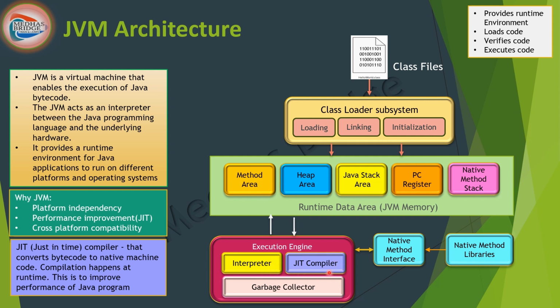We have one more concept called the JIT compiler. JIT means just in time compiler, which converts bytecode to native machine code. This happens at runtime. It is used for improving the performance of Java code when there are time critical sections, right? For instance, using JIT you can improve the performance of that piece of code.